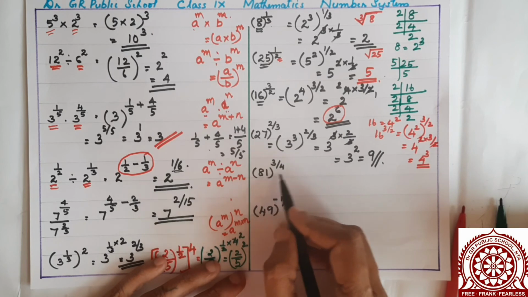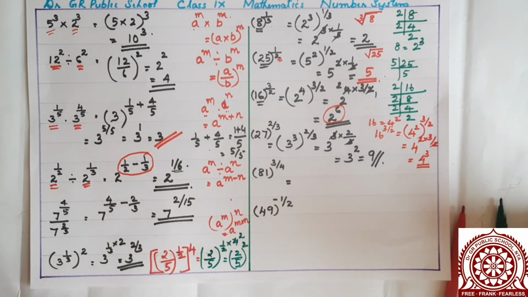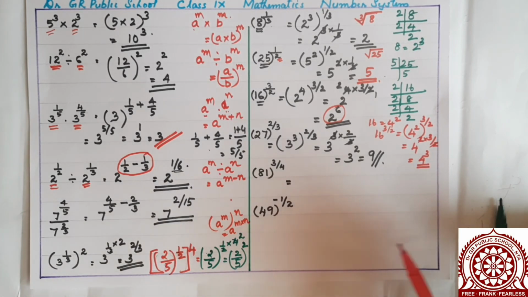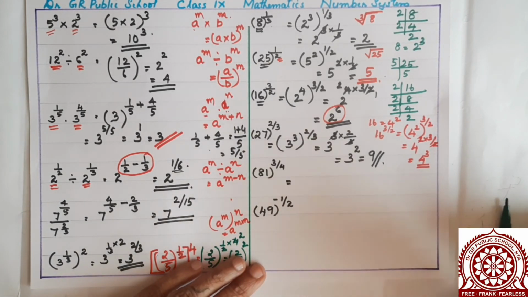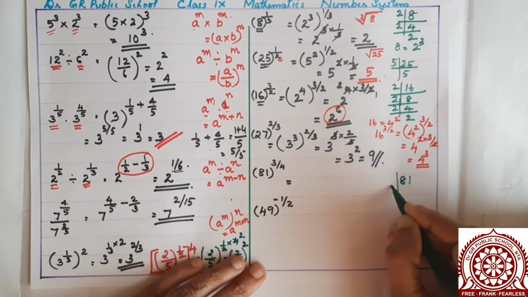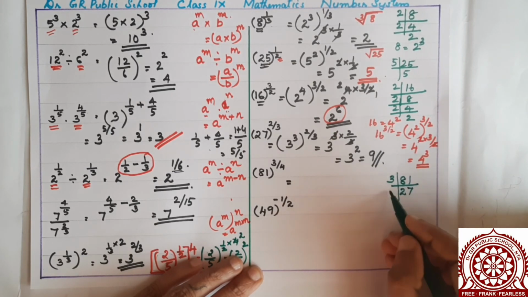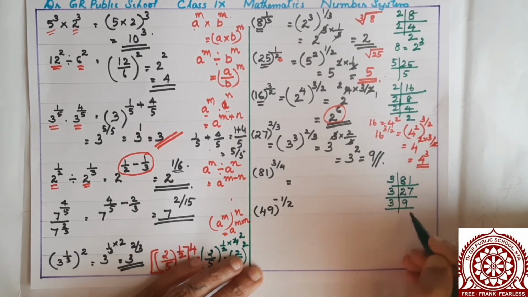Now 81 the whole raised to 3 by 4. Okay. 81, how can we do the simplification, that prime factorization? 81, it is not divisible by 2, so we can take 3. When we take 81 divided by 3, 27. Then again 3, 9. 3, 3.